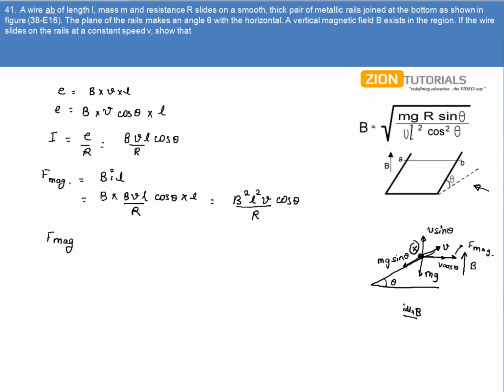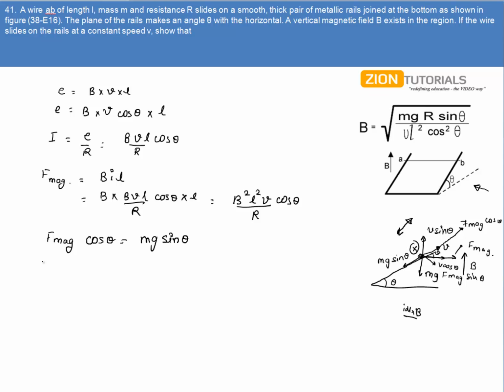Resolving the components again, with this angle as theta, we get F magnetic cos theta and mg sin theta. So F magnetic cos theta will be equal to mg sin theta, so that the net force along the inclined plane will be 0 and the wire will move with a constant speed V.